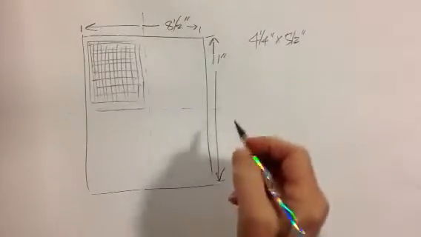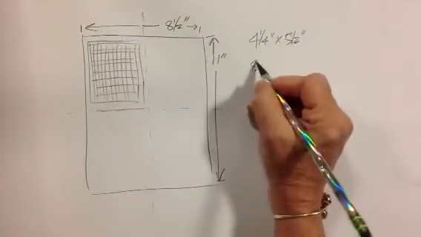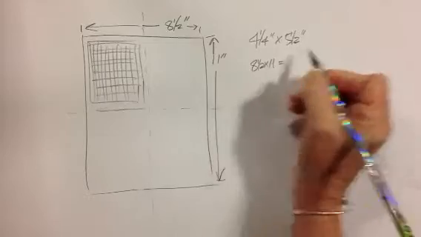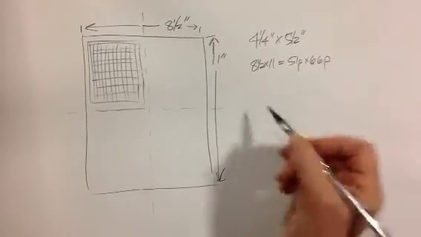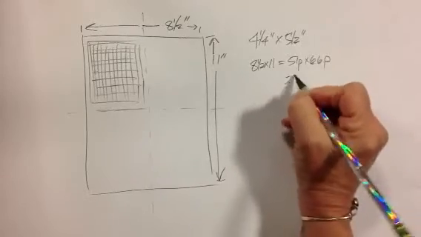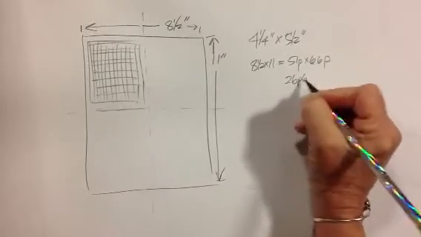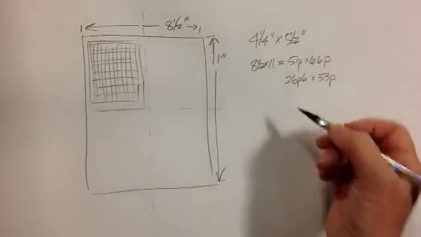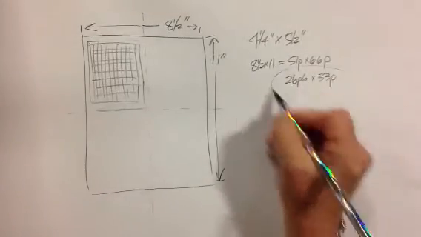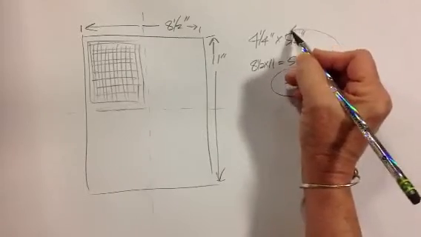If we were measuring in picas, 8.5 by 11 is the same as 51 picas by 66 picas. So half of that is 26 picas and 6 points by 33 picas. Okay. This and this are equal.